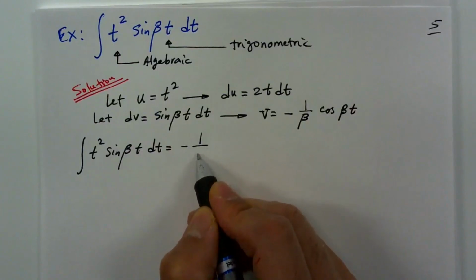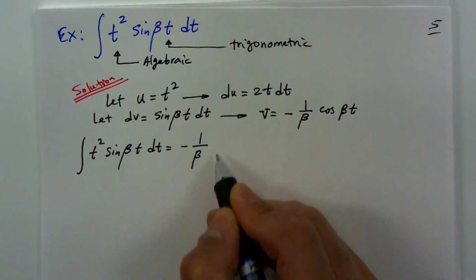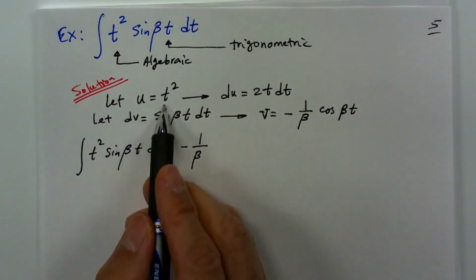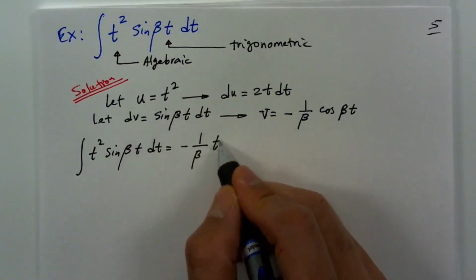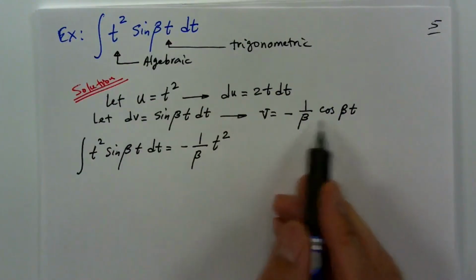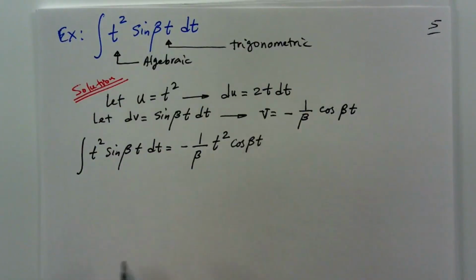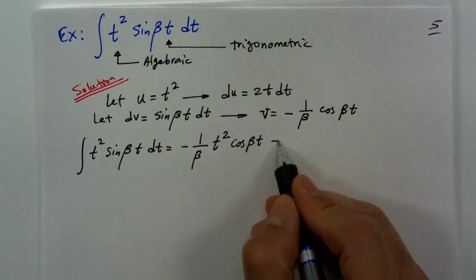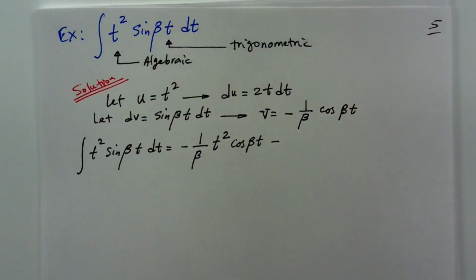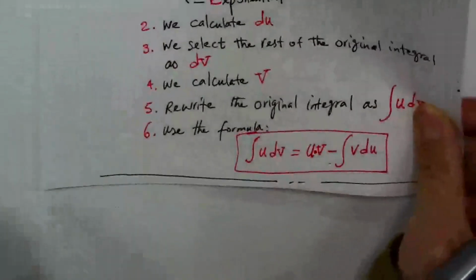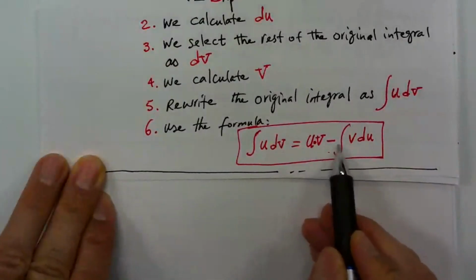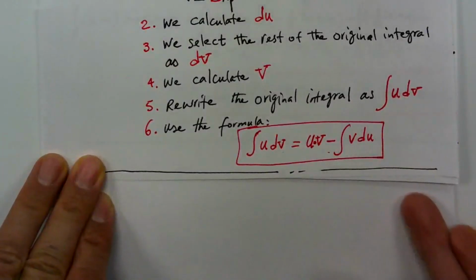So minus 1 over beta times t squared times the rest of this, cosine of beta t, and then minus, I'm just applying this formula right here, uv minus integral of v du, that's all.